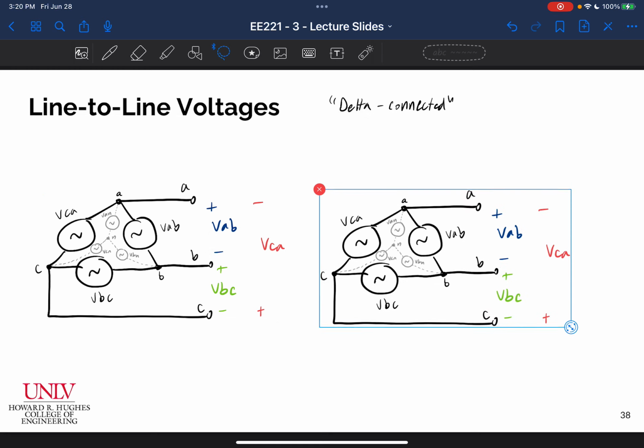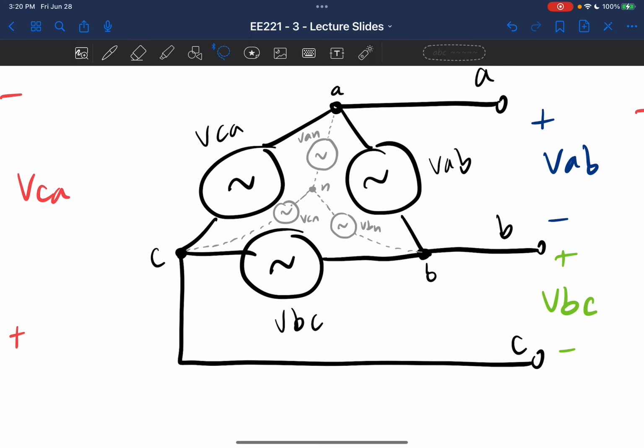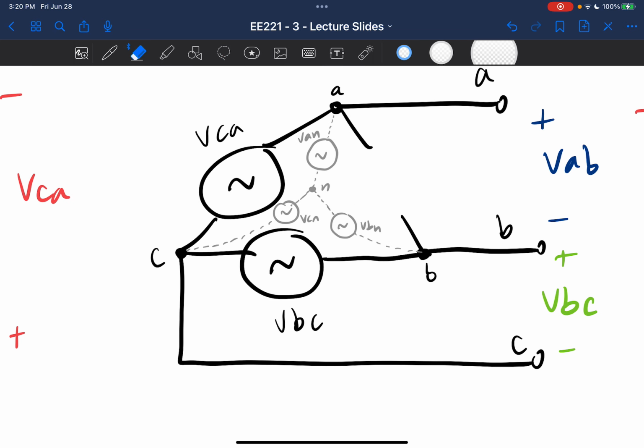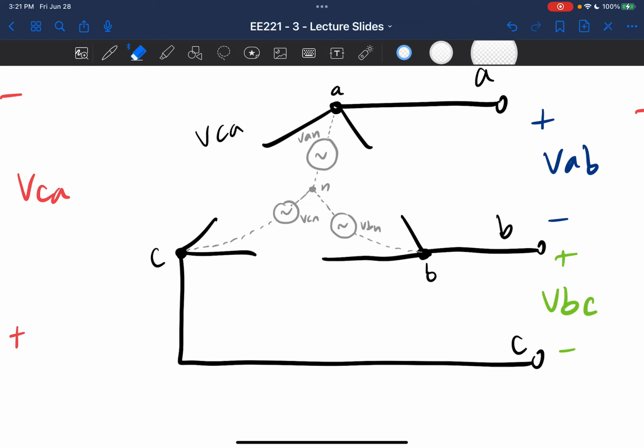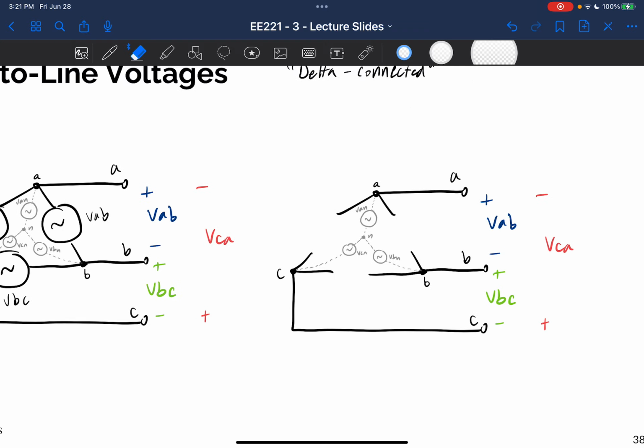Paste this here. And if I were to delete this source here, delete this source here, and delete the source here, what am I left with?